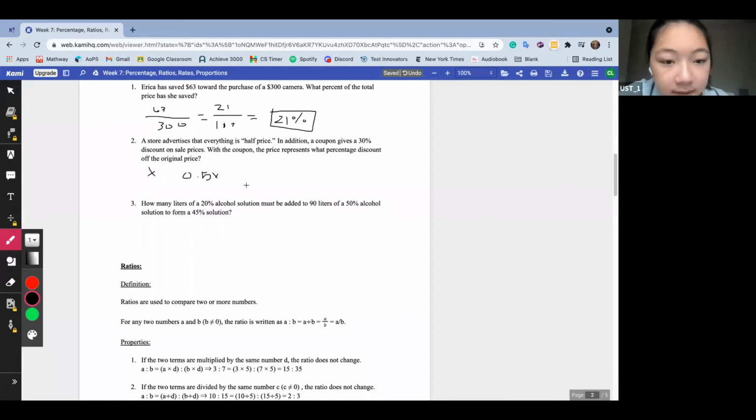So now it's going to be 0.7 of it, so the final price is going to be 0.35x. And the original is going to be 1x minus 0.35x, and you'll get 0.65 discount, which is 65%.